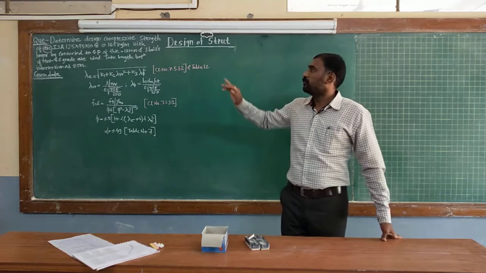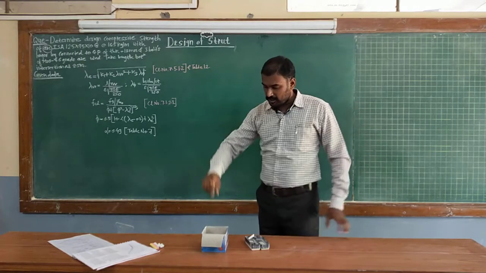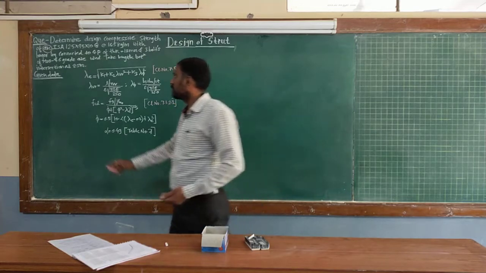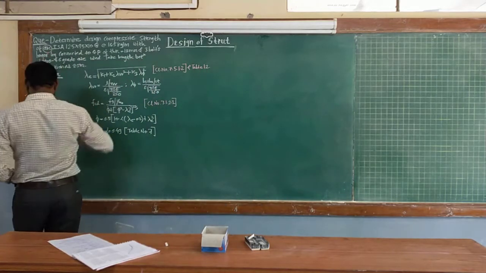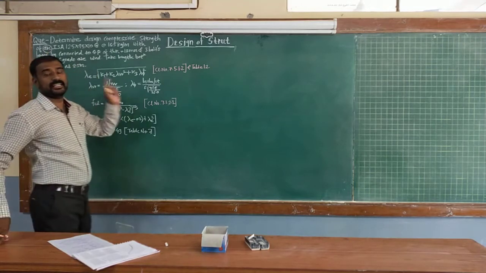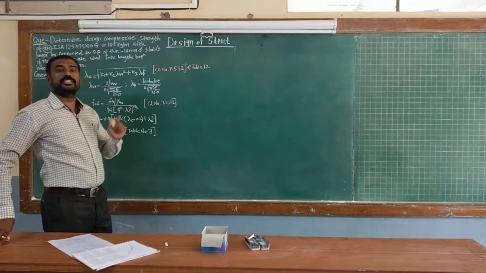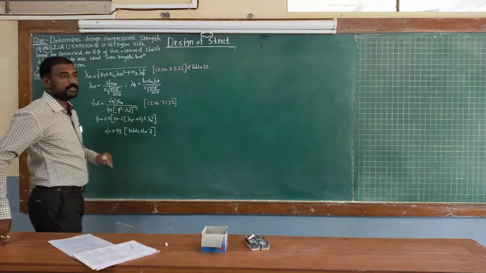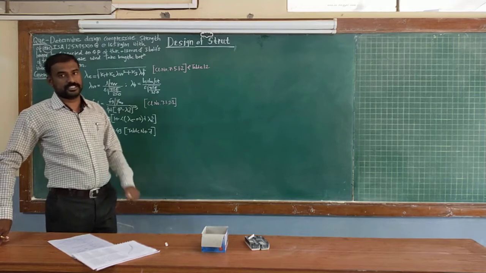So in short, for the given numerical I have circled this particular value: it is a single angle section, and the effective length is going to be the same value mentioned in the numerical, that is the distance between the intersections, correct?